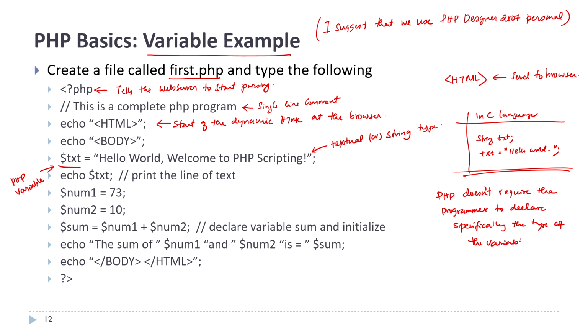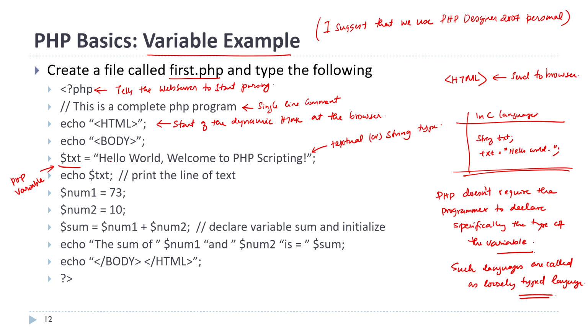We do not have to say whether it is an integer, string, float, etc. None of this is required. Whereas in C it is required, you have to declare what is the type of the variable. So, such languages are called loosely typed languages, okay, or loosely typed language. So, the variable typecasting is not a very strict thing in PHP.